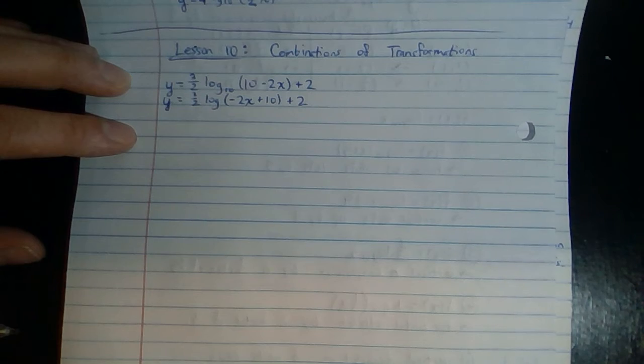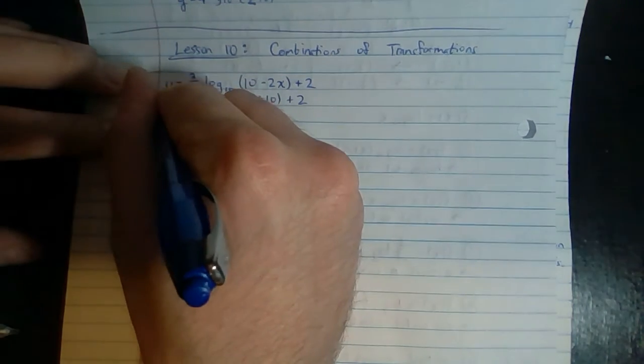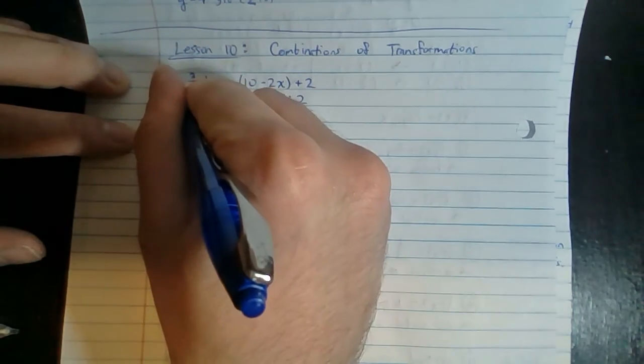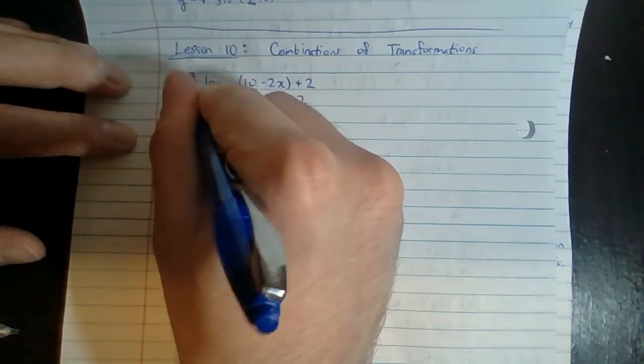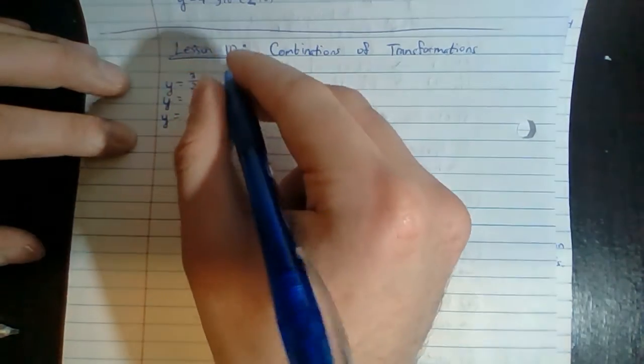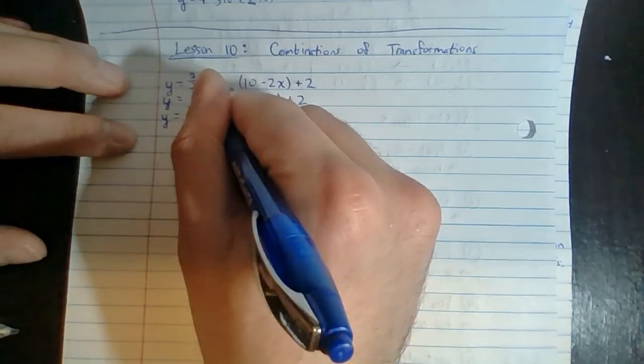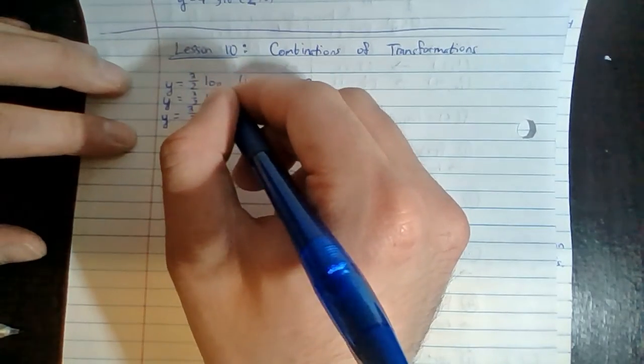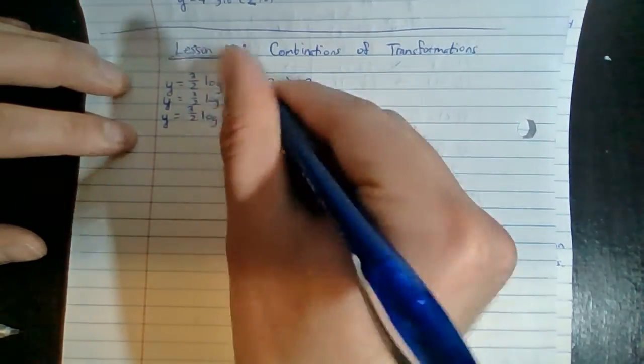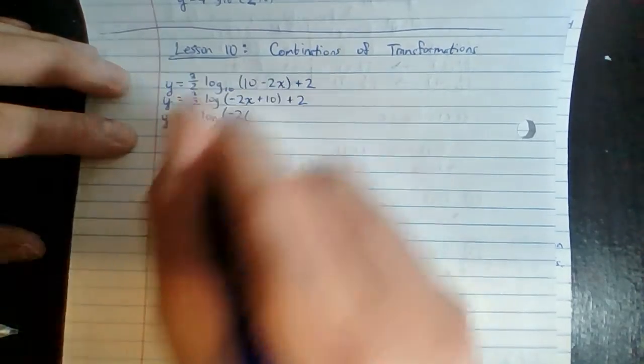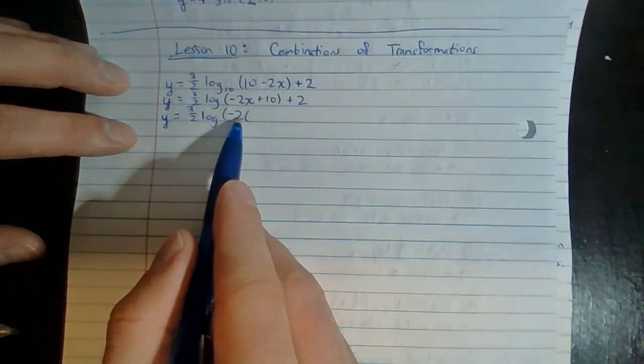And the very important part for these horizontal transformations, if we have a horizontal reflection, or a reflection over the y-axis, or a horizontal shift or compression, we must factor the number in front of the x.